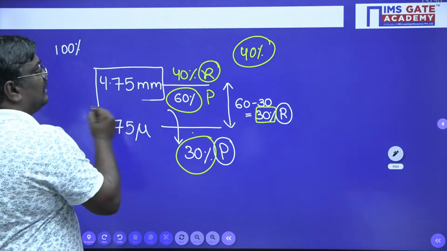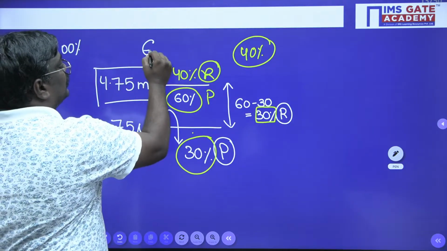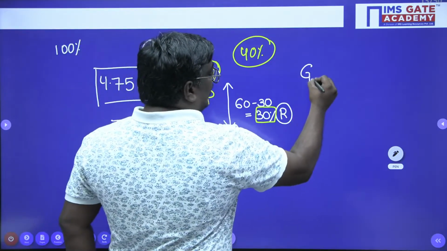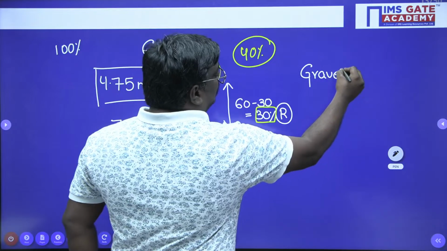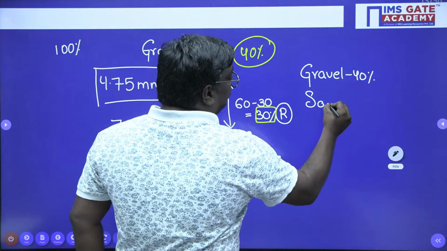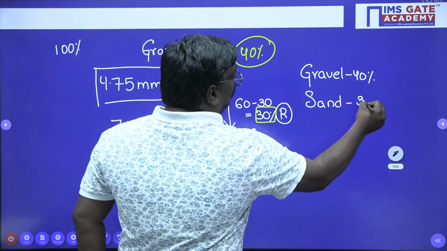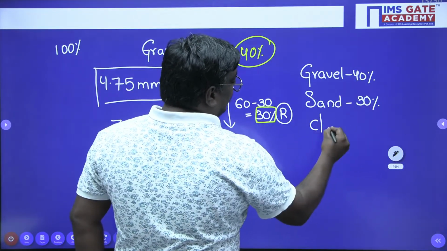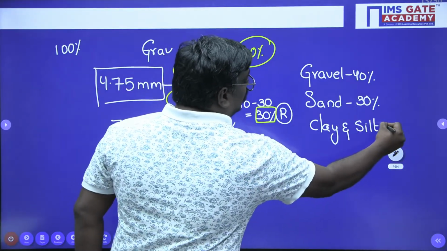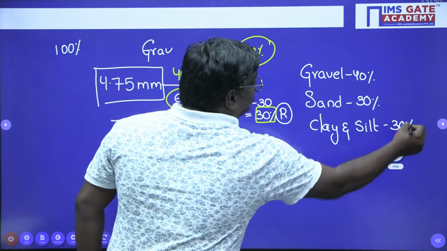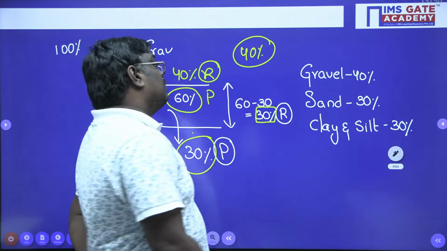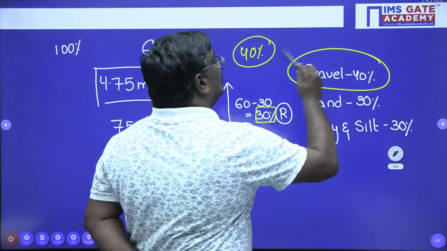You can clearly say that gravel composition is more, because from the diagram gravel is 40 percentile, sand is 30 percentile, and clay and silt together are almost 30 percentile. So the highest composition is nothing but the gravel.